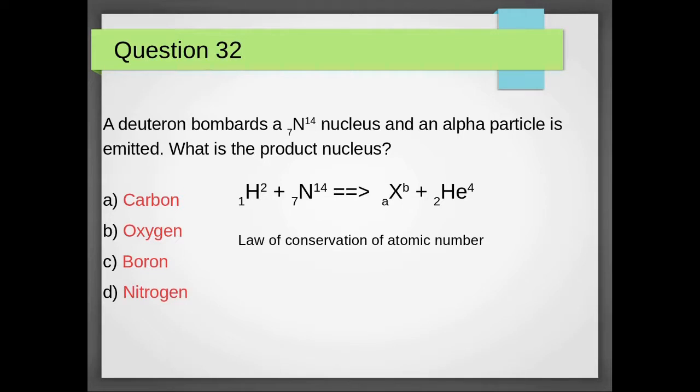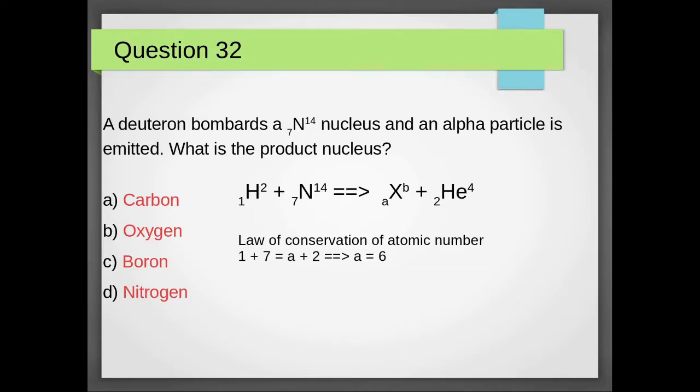Now there's the law of conservation of atomic number. So let's start at the bottom left hand numbers of each of the elements in the equation. The law of conservation of atomic number states that the sum of the atomic numbers on the left hand side should be equal to the sum of the atomic numbers on the right hand side.